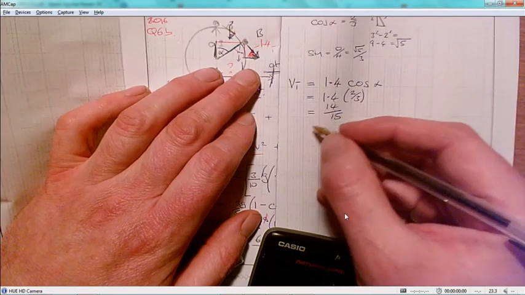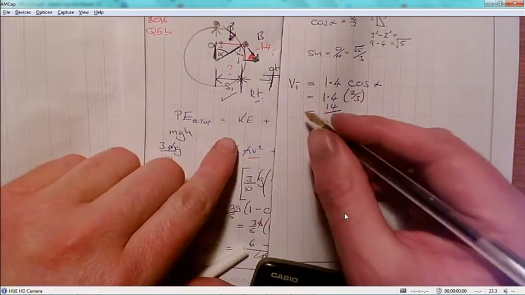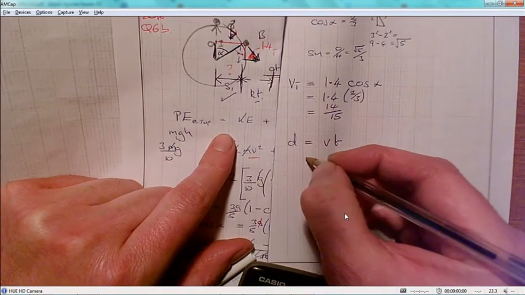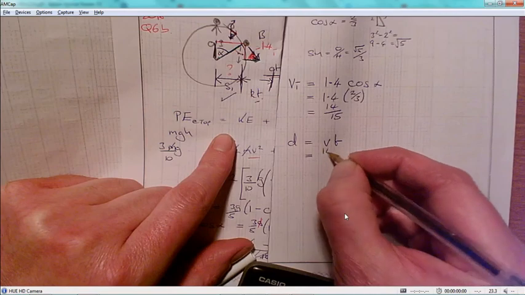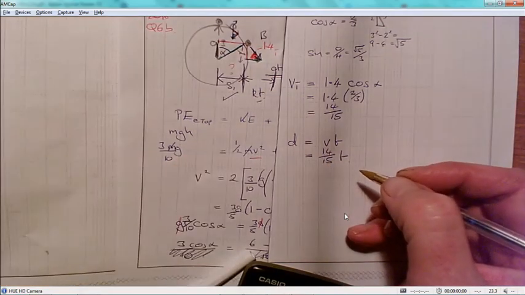So the velocity is fine. They didn't ask us for the velocity, they asked us for the distance, and distance is equal to vt, velocity by time. So therefore it's 14/15t. Let's just check back at the question.